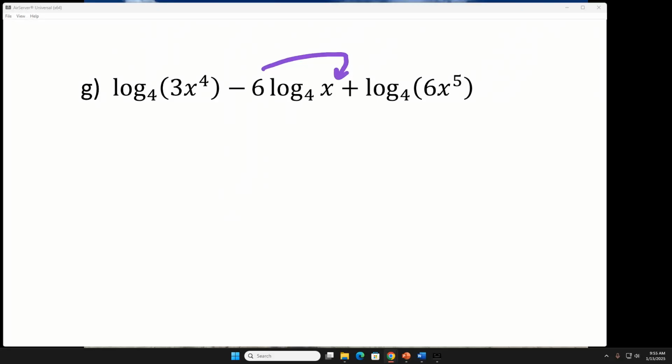So really, I just would start off by moving that 6 up to an exponent. And then I'm ready to write one logarithm. Since there's subtraction, I do know I'm going to have division. All right, so you guys put the things where you think they need to go, please.